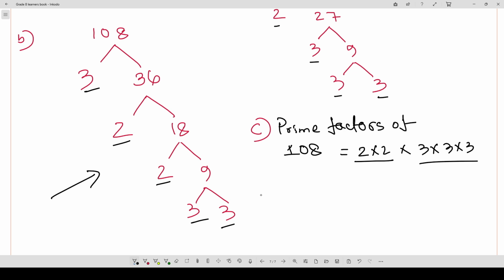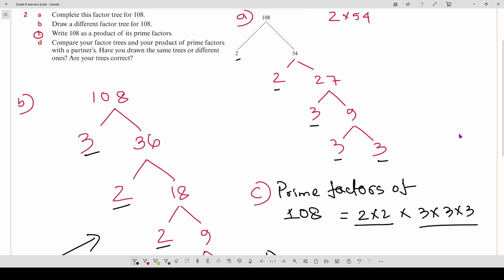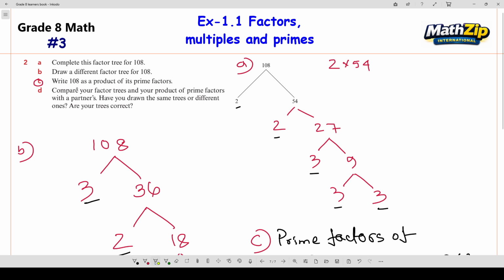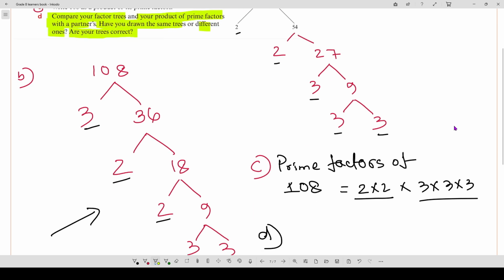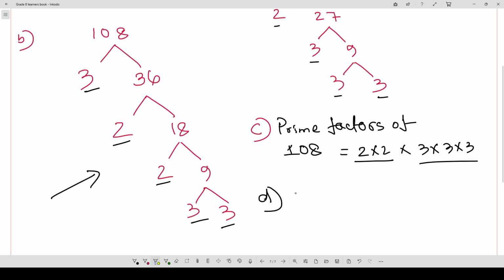Okay, now number D, compare your factor trees and your product of prime factors with a partner. Have you drawn the same trees or different ones? Are your trees correct? Look, here it's the important thing.